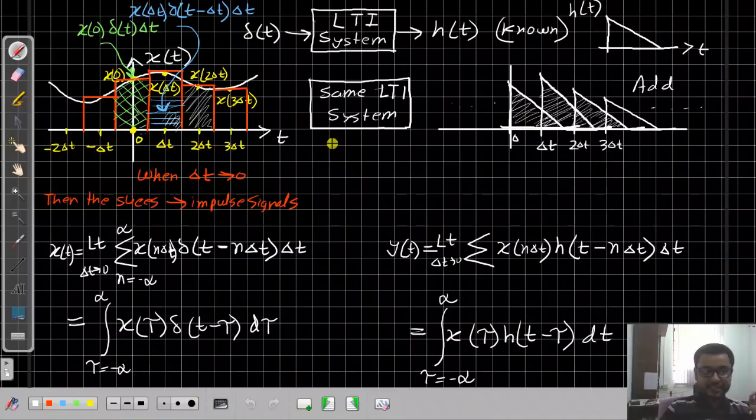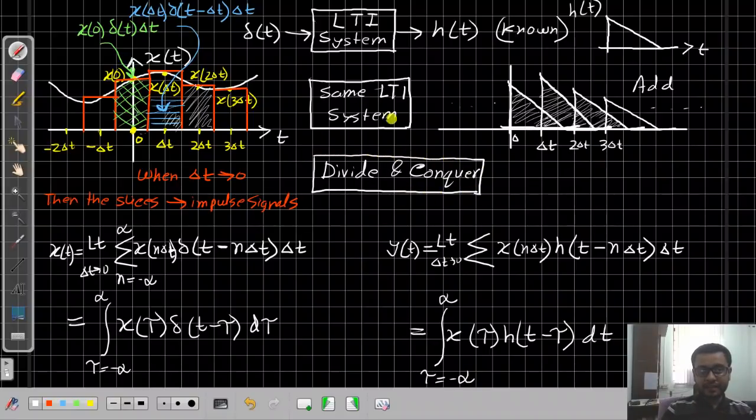So you can call that a divide and conquer policy, which works for an LTI system.